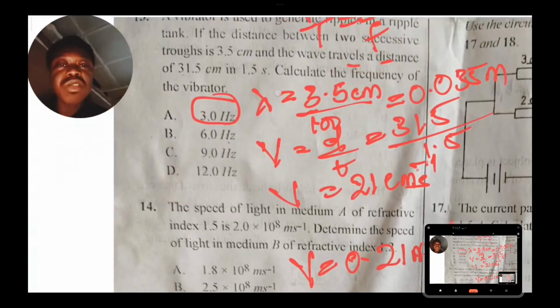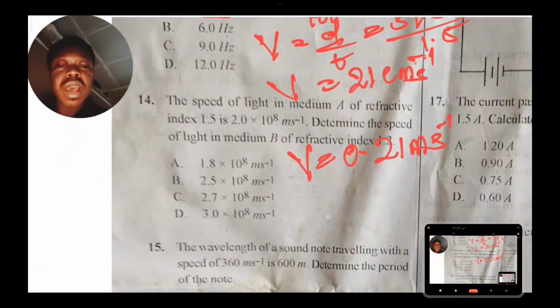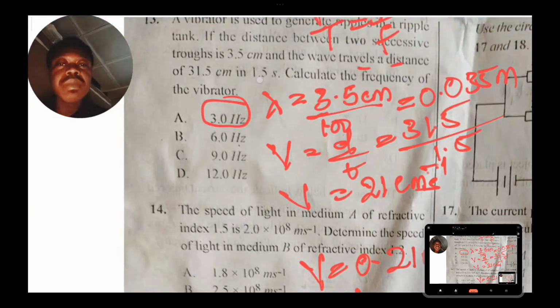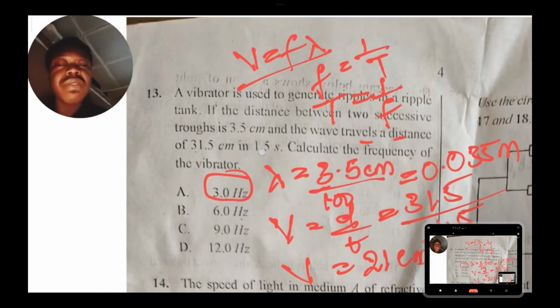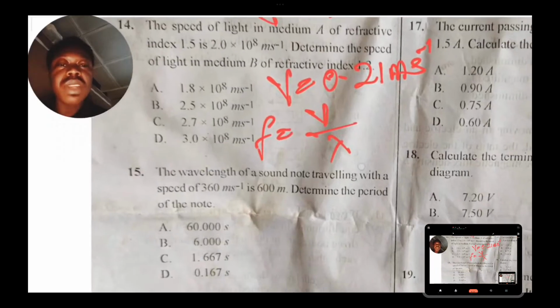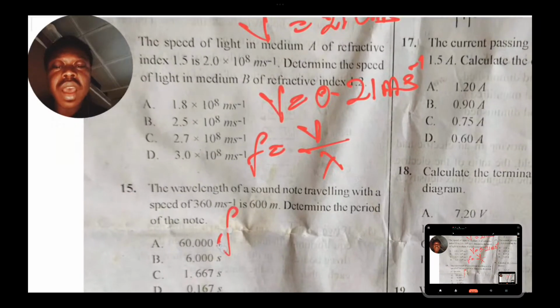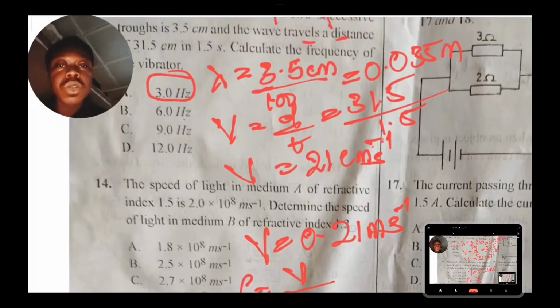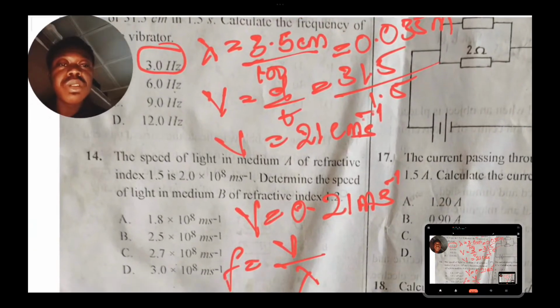From here, we'll make F the subject of the formula, so that F equals V over lambda. Is that clear? Because we know that V equals F lambda. Hence, we now have F equals 0.21 divided by our wavelength, 0.035.